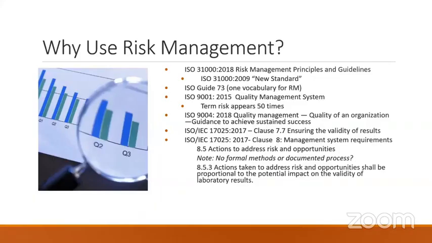Now, ISO 17025 is the one that's near and dear to our heart, and I point to clause 7.7, ensuring the validity of the results. Clause 7.7 provides a list of various activities that a lab can take in order to ensure they have valid results. What it really is, is a risk mitigation list. It's not called that, but that's exactly what it is.